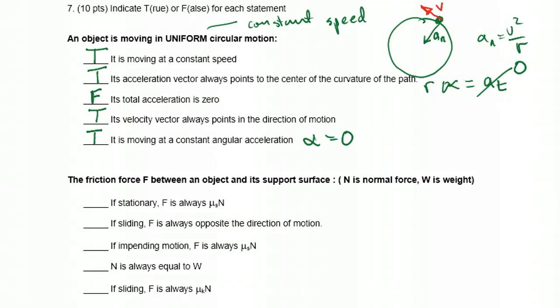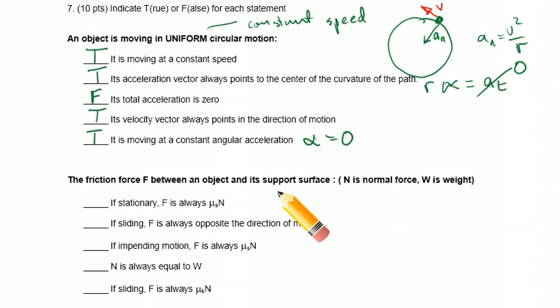Be careful on words on that one. Gotta be real careful about the words because I look back at the solution and it actually answered false to this question. I believe that the correct answer is true. If it said non-zero angular acceleration, then it would indeed be false, but 0 is a constant angular acceleration. So we'll go with true.